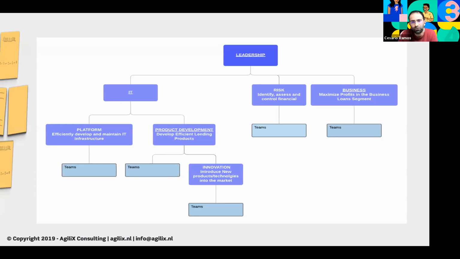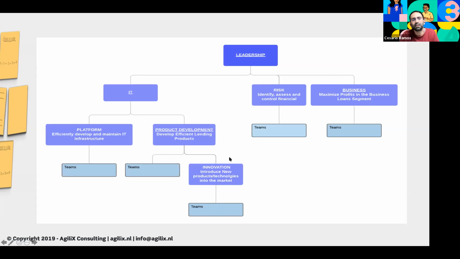We had this situation. For example, you can see here IT and business, the classical separation, and product development, about developing products and insurances and so on. And you can see in the middle that innovation was a part of product development.